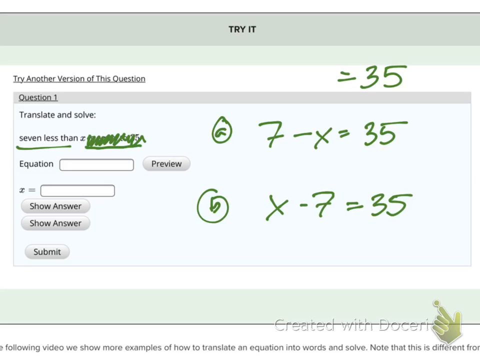The answer is B. A is not correct for one reason. We see a very important word. Who can tell me that key word? Yes, than. Than means it comes after.